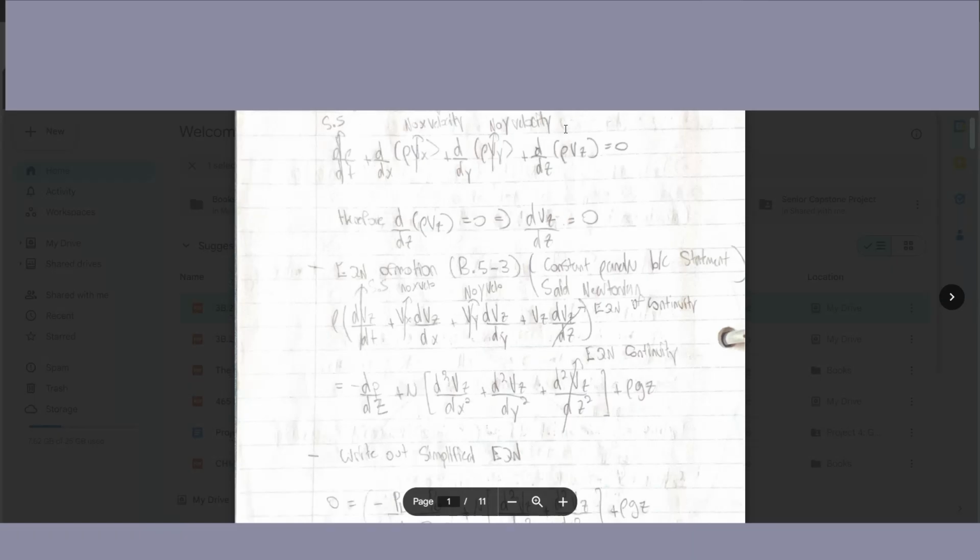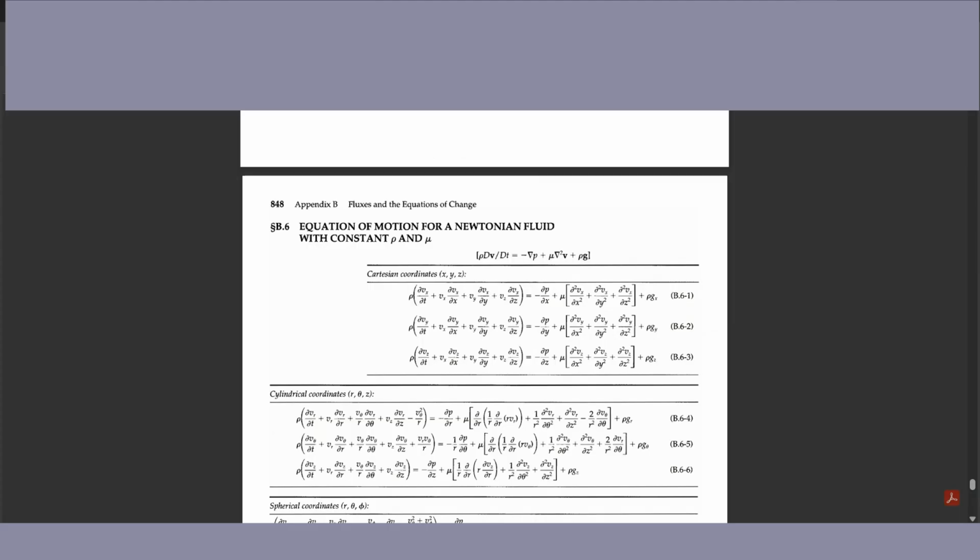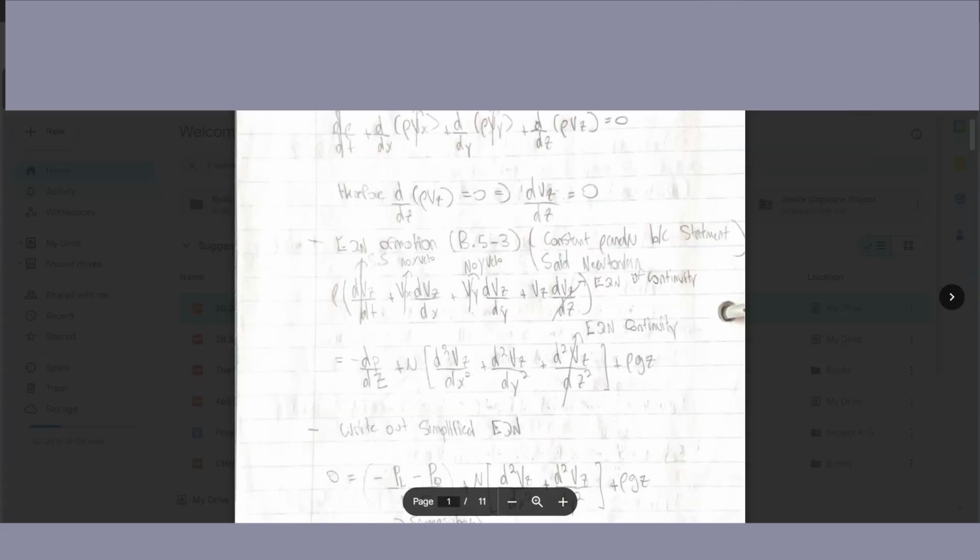All right, so that's that equation there. It's B.6-3 actually. I must have mistyped there. So dvz/dt equals 0 because it's steady state. Vx equals 0 because there's no x velocity.